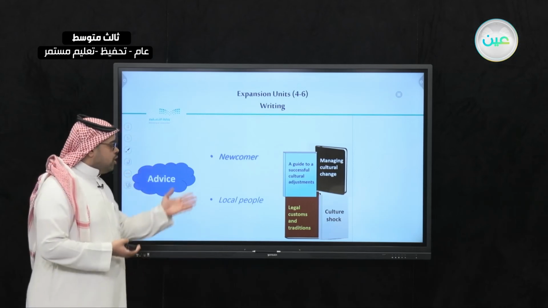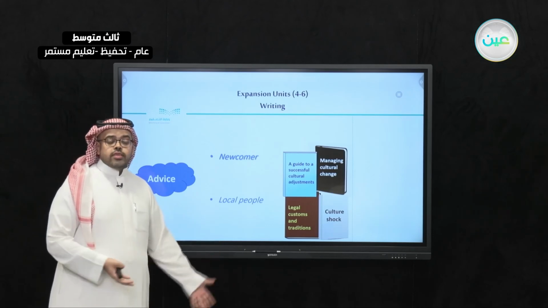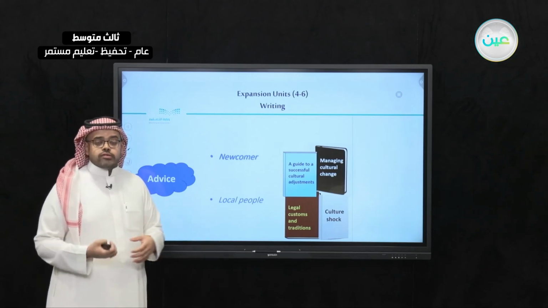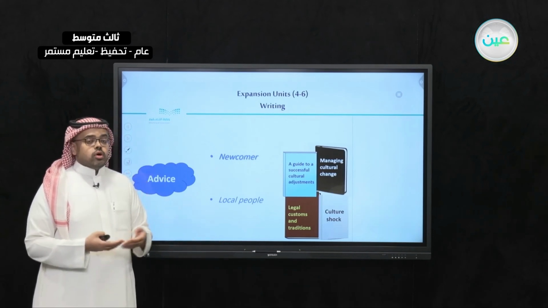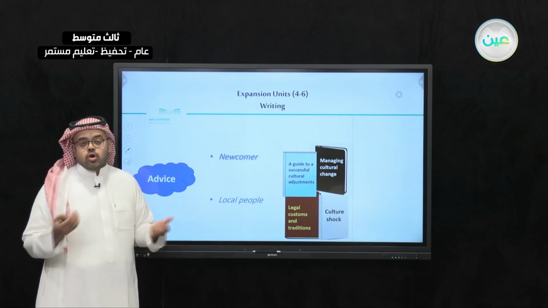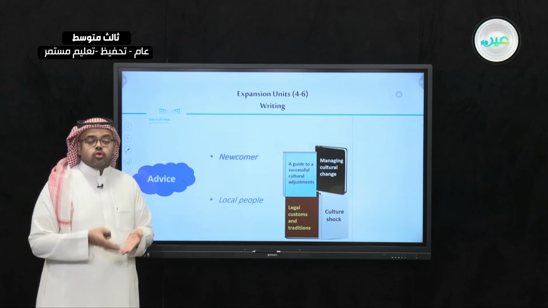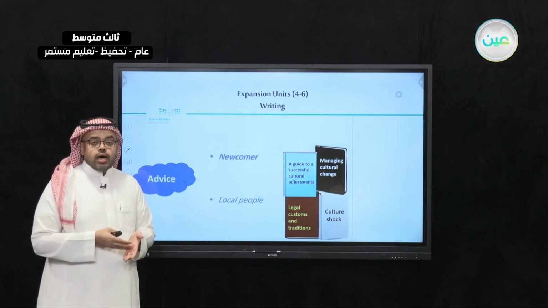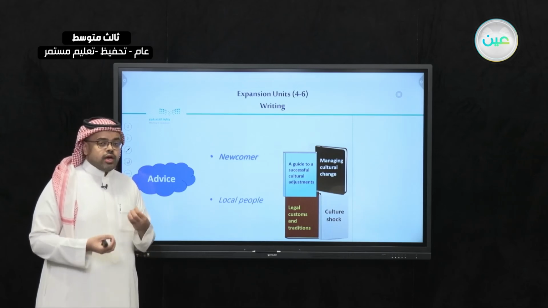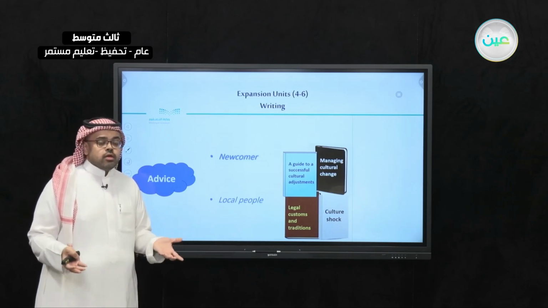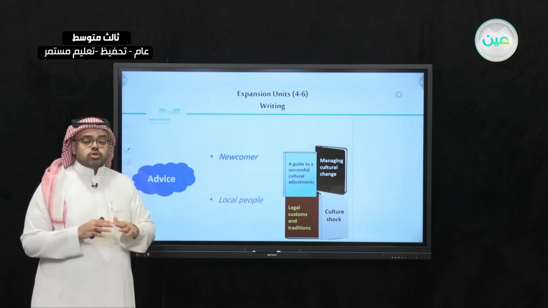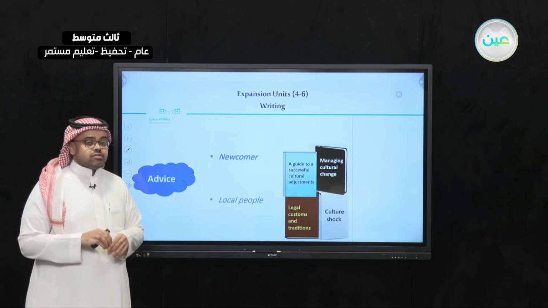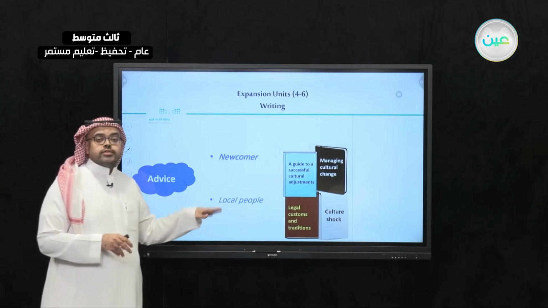We also write for local people: when they host newcomers or new visitors who visit their home for the first time, what kind of advice would you give them? These are two very important questions to consider before we start writing.